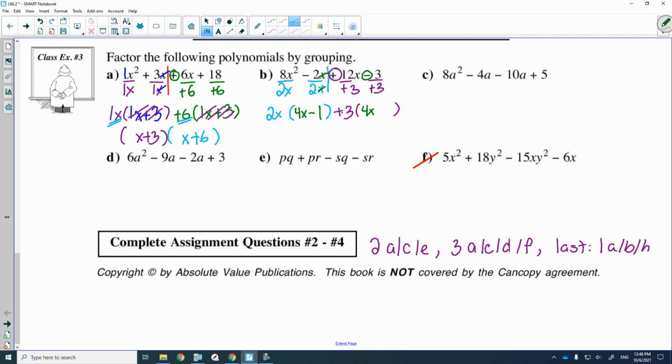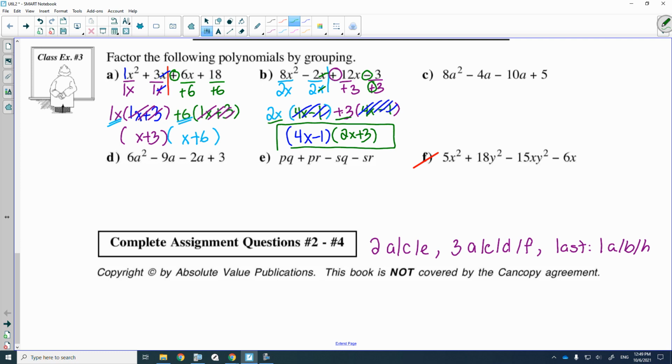Here you have a negative divided by a positive, which will give you a negative. 3 divided by 3 is 1. Those brackets are the same, 4x minus 1, 4x minus 1. So you factor that out. And your second factor is what remains, which is a 2x plus 3. And that would be your answer.